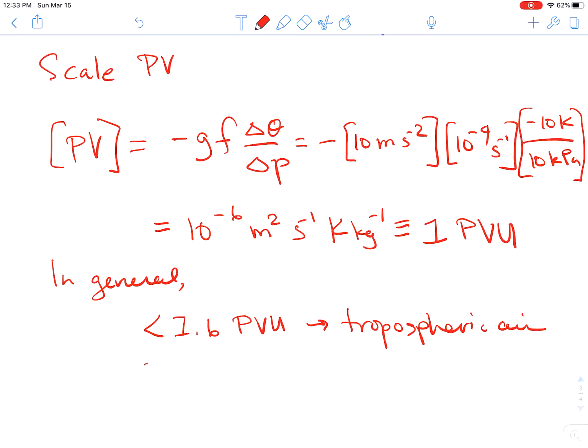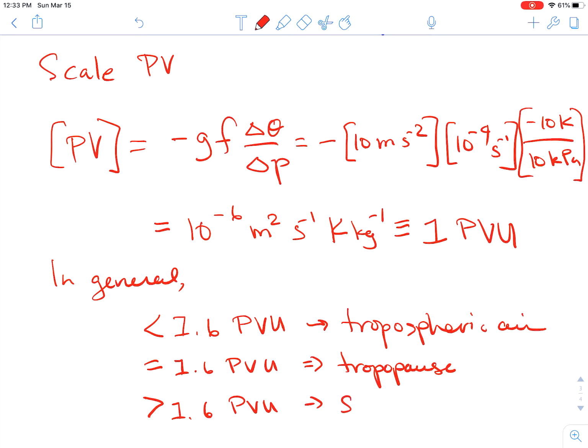If we are around 1.6 PVU, that would be the tropopause. And if we are greater than 1.6 PVU, this is stratospheric air.